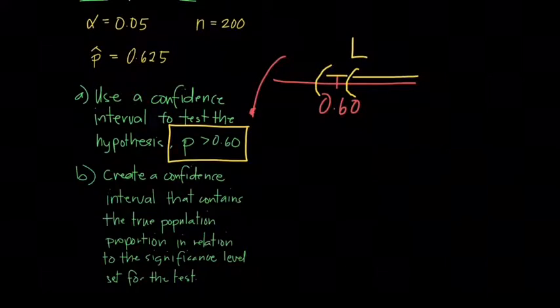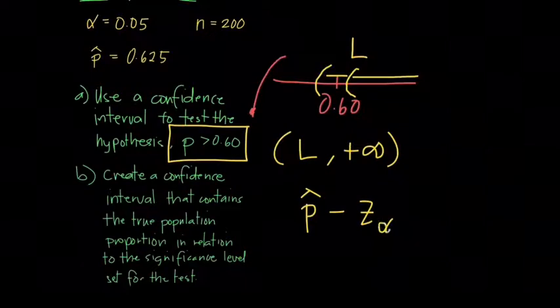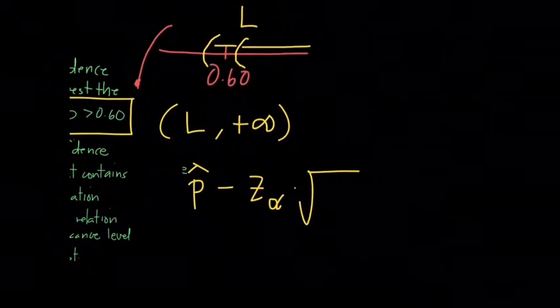Therefore, we have to get that one-sided confidence interval with lower limit L and an upper limit which is already with no boundary, so that is positive infinity. The lower limit will be p hat minus the z of alpha, and focus on this, you should not divide the alpha by 2 because this is a one-sided confidence interval, times the margin of error, which is p sub 0 q sub 0 over n.